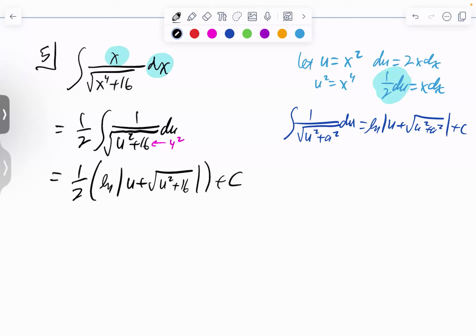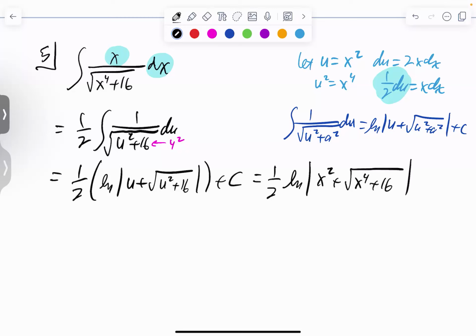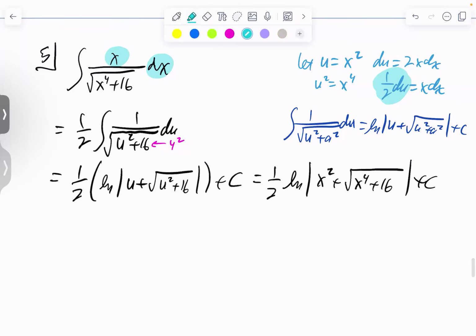And we're going to transform that back into terms of x. u is x squared. And u squared is x to the 4th. I wrote that up there already. We have all of that.